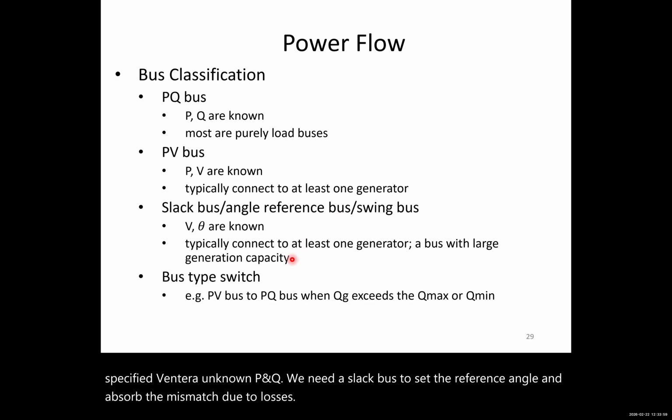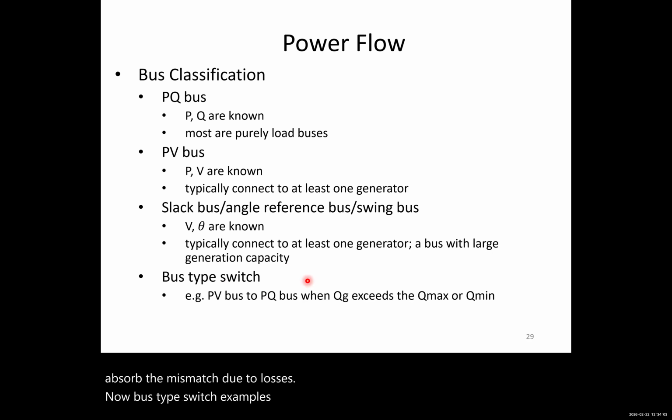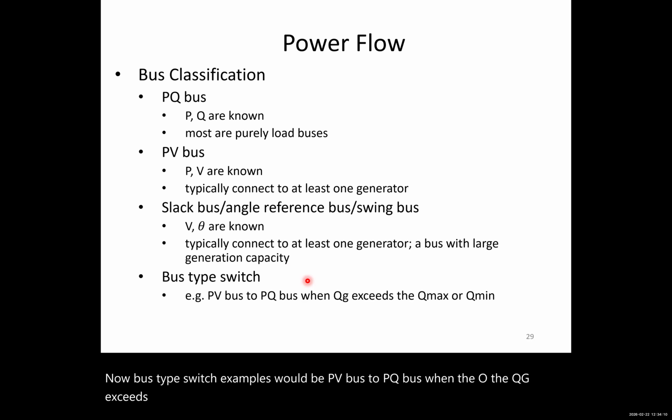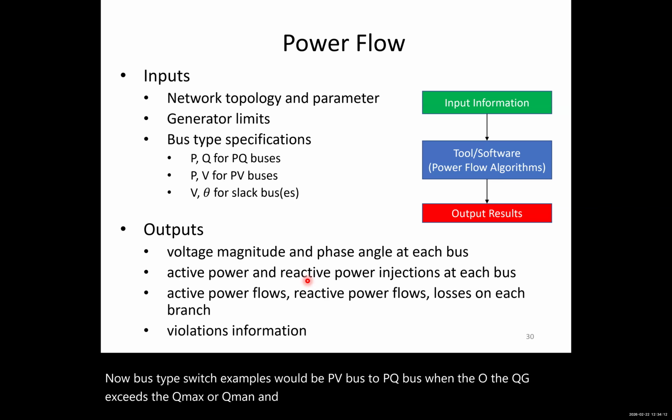Now, a bus type switch example would be PV bus to PQ bus when the QG exceeds the Qmax or Qmin, and I'll explain about this later on.